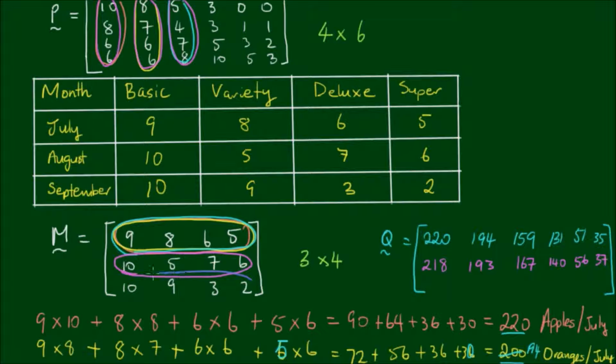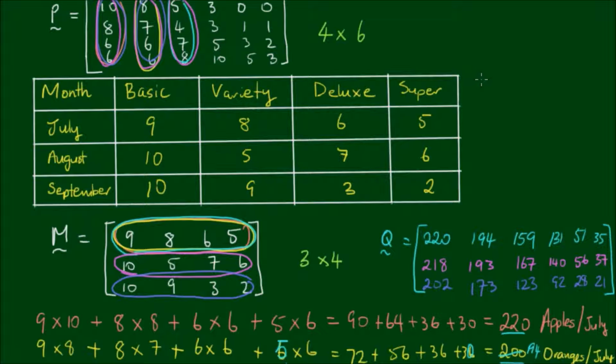And finally, for the quantities in September, we multiply the third row of the M matrix by all of the columns of the P matrix. So thus we sold 202 apples, 173 oranges, 123 bananas, 92 peaches, 28 mangoes, and 21 pineapples.